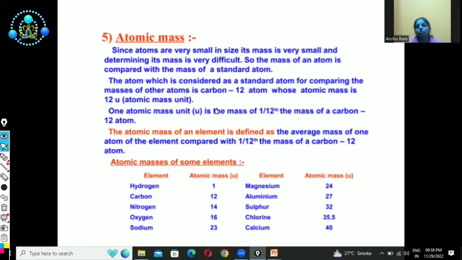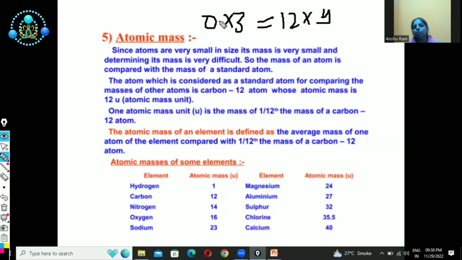So what should be the mass of oxygen? We can calculate the mass of oxygen from this in this way. Say oxygen has mass X, and for the carbon atom, you know the mass is 12. 4 atoms of carbon are equal to 3 atoms of oxygen.